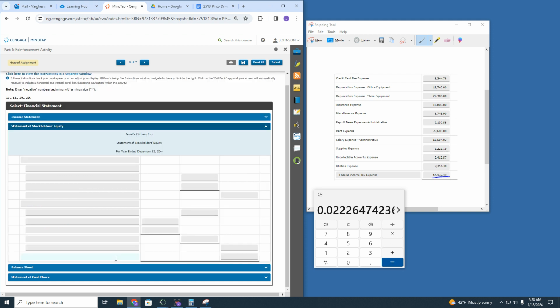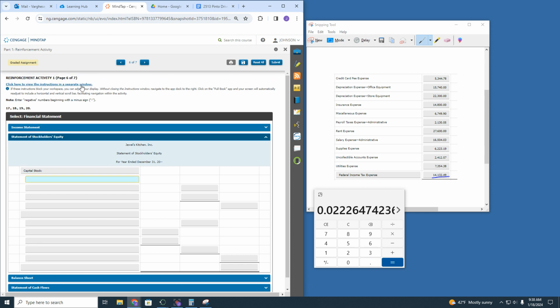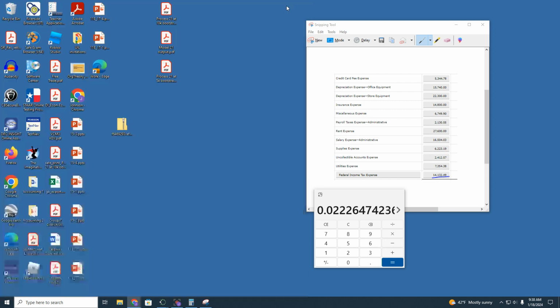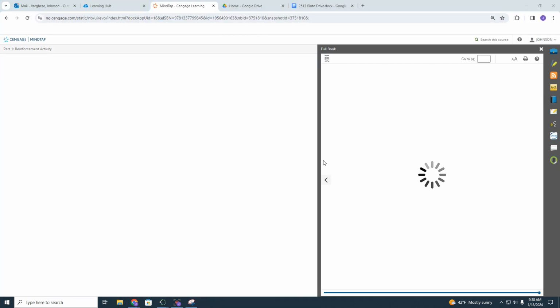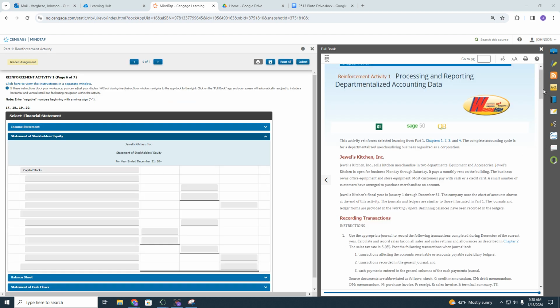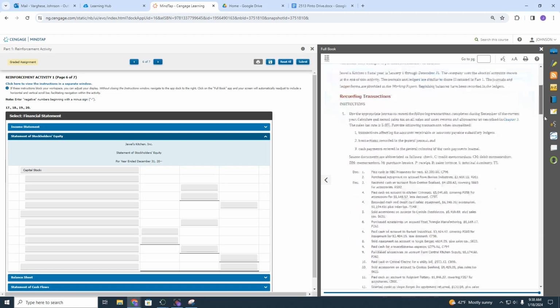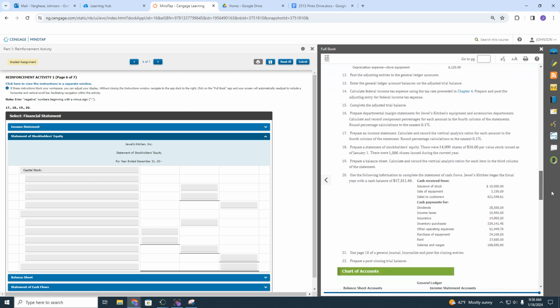All right, then you have your statement of stockholders' equity. This is zooming in on the equity section of your company. So it's going to start with capital stock. We know that the capital stock has, let's see, what do we know about the capital stock?